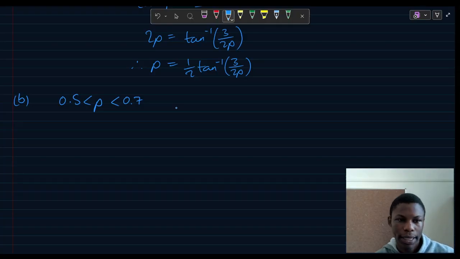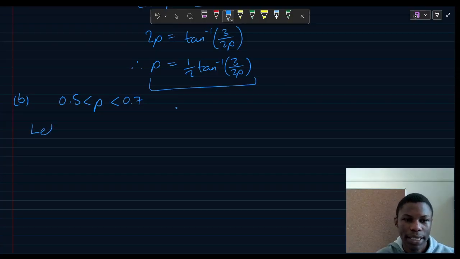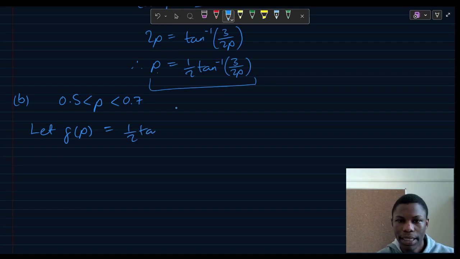So to do a question like this, all you need to do is to take the equation that you had in part A and put everything on one side and make a function out of it. So I'm going to say let f of p be the function. I'll move the p to the right hand side so that I've got half arctan of 3 over 2p minus the p.